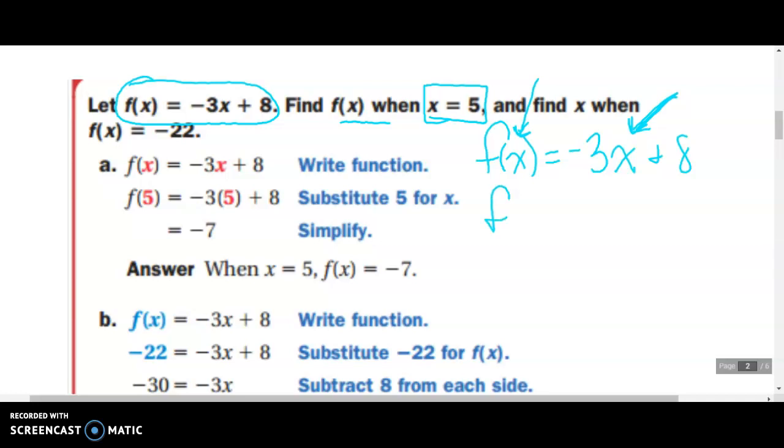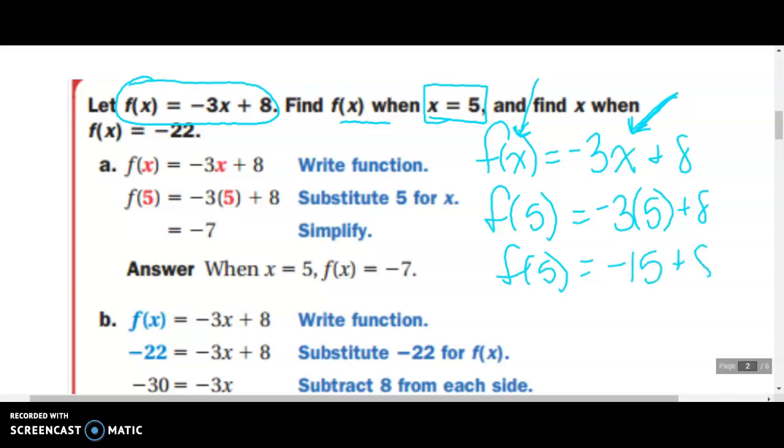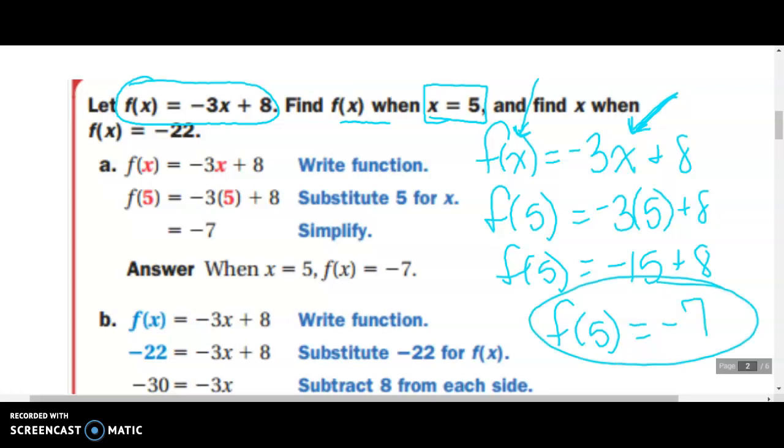So we're going to write this as f of 5 equals negative 3 times 5 plus 8. F of 5 equals negative 15 plus 8. So f of 5 equals negative 7. And that's our answer. What we're actually finding here is an ordered pair. The x is 5, and remember, f of x represents y, so this whole thing, f of 5, is just a replacement for y, so this is the ordered pair 5, negative 7.